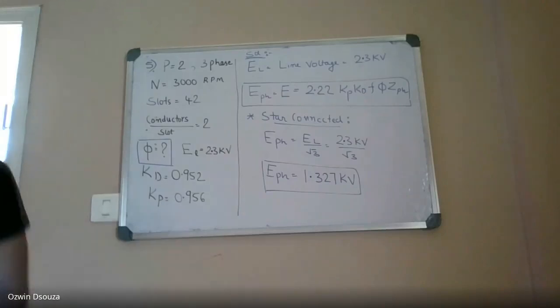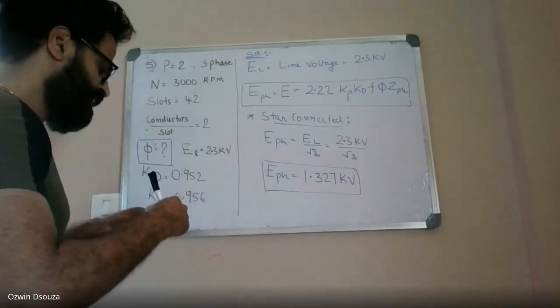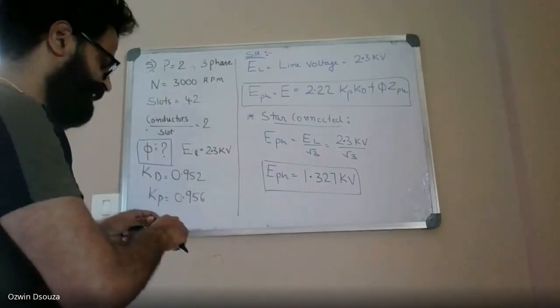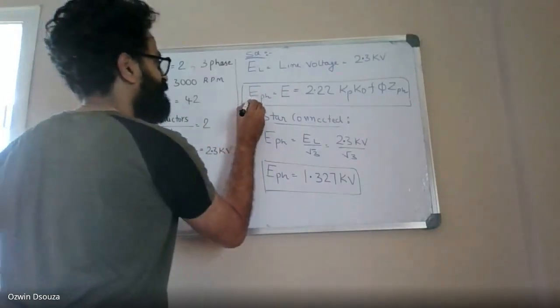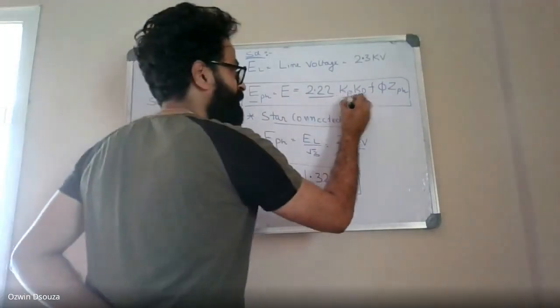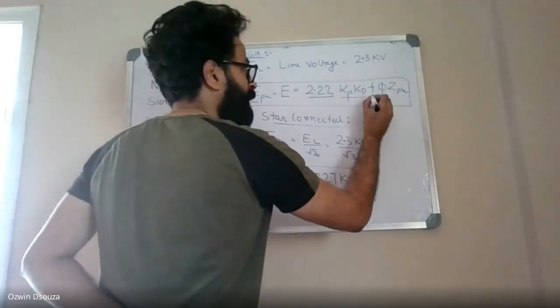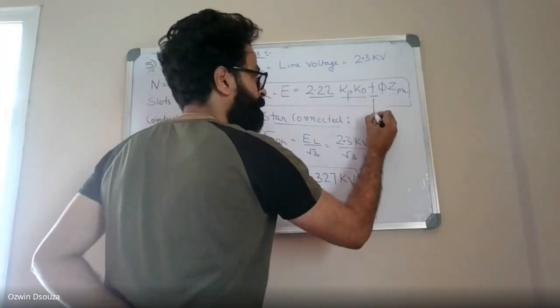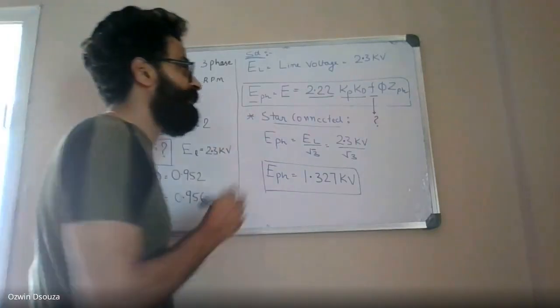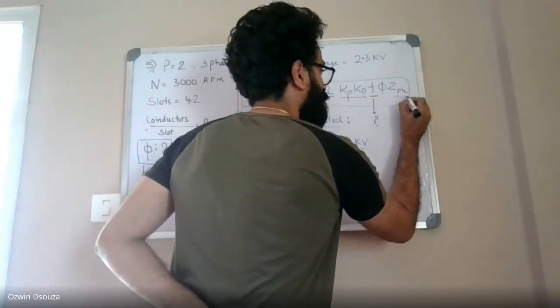Now you can check in your problem about the given values. So E phase is known. 2.22 is a constant. Kp, Kd are also known. F we don't know at this juncture, but you can find the value of it.